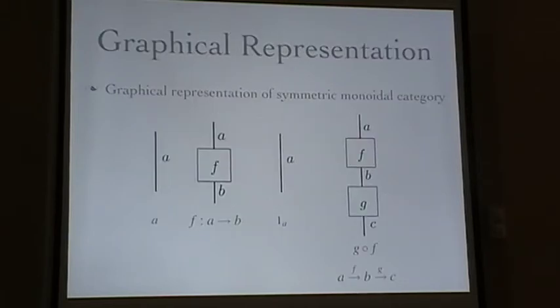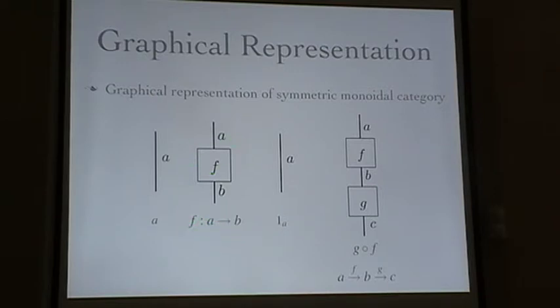So, a commutative Frobenius algebra is defined on a symmetric monoidal category. So we can express this algebra using the graphical representation of a symmetric monoidal category. In this representation, an object is expressed as a line, and an arrow is expressed as a box.